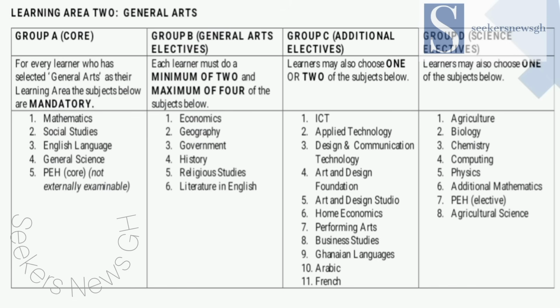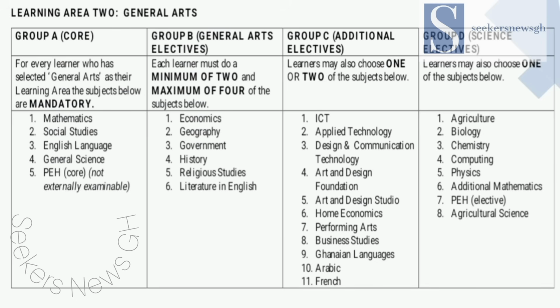So even though you want to do this, unfortunately we don't have the capacity to do this here, so you may have to choose something else. So that is why I'm doing this, so that you know the various learning areas previously known as programs, and make your selections.